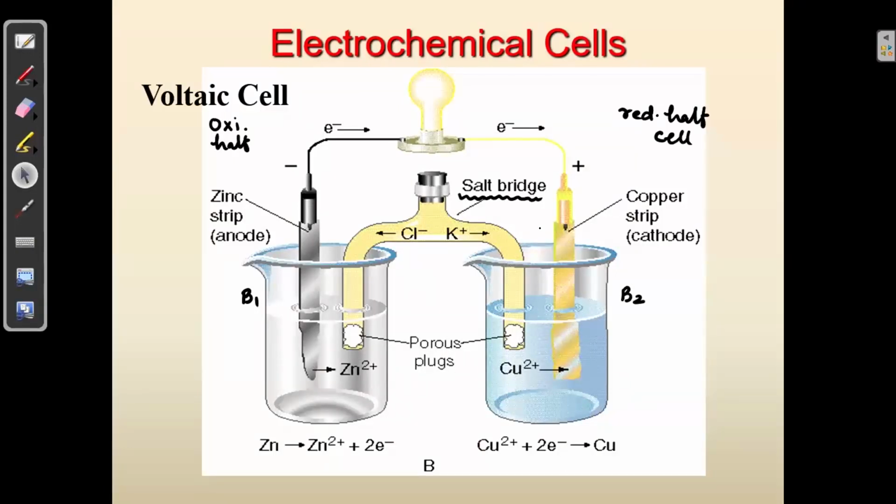Now, what is this electrical neutrality? Remember, in the oxidation half cell, zinc is continuously losing electrons. So zinc ions are formed. Every time a zinc atom loses 2 electrons, Zn2+ is formed.